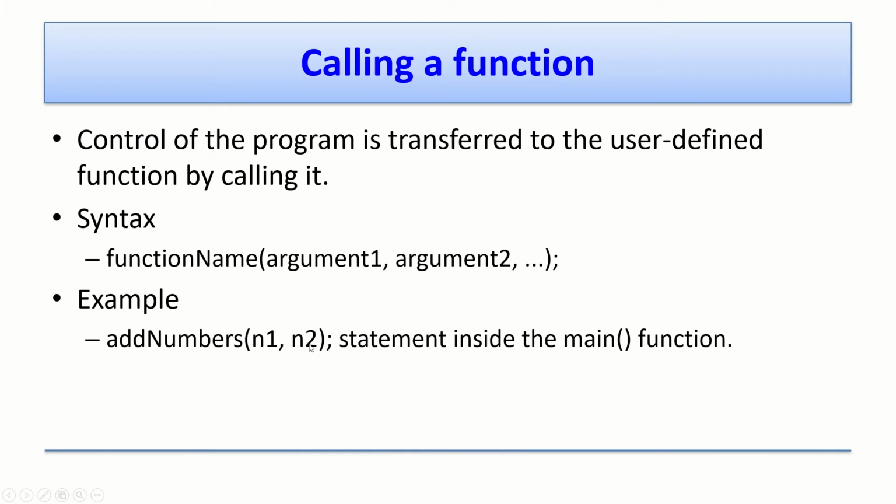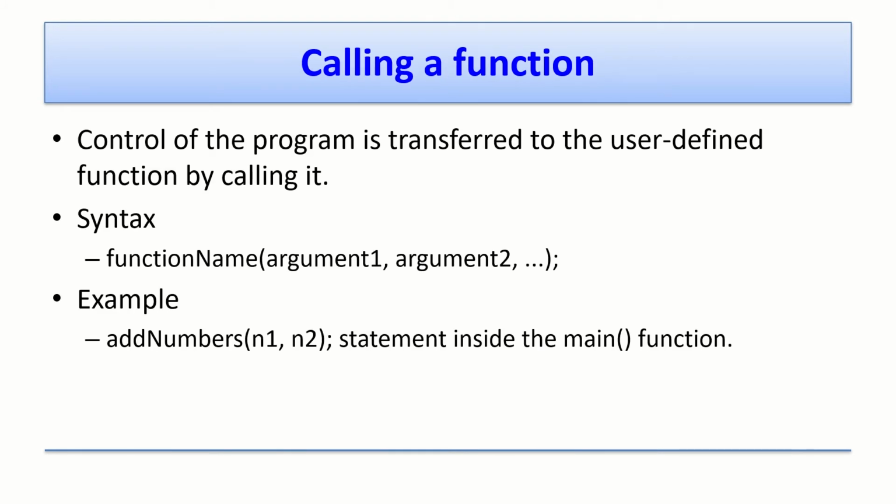There is no problem here because both are integer data types. We have to pass two parameters, since the addNumbers function is defined with two parameters. We can include this statement inside the main function, following that syntax.